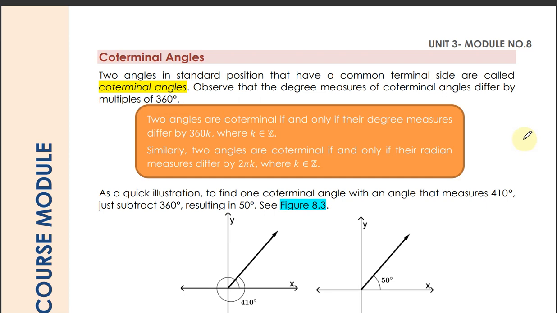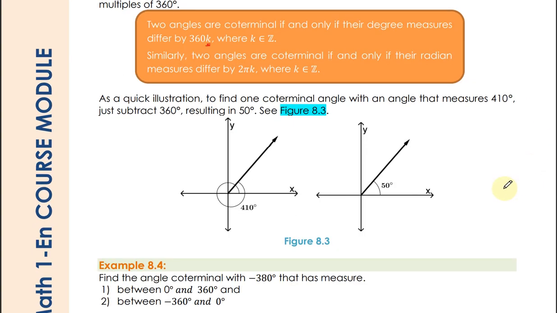So two angles are coterminal if and only if their degree measures differ by 360k, where k is an integer. Similarly, two angles are coterminal if and only if their radian measures differ by 2 pi k, since 360 degrees is equal to 2 pi in radians.